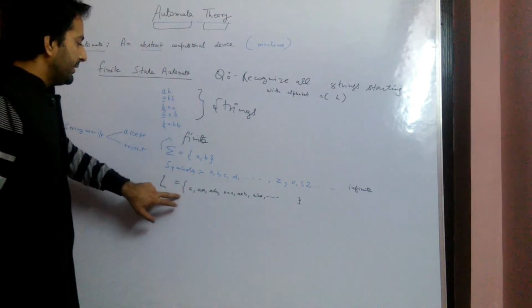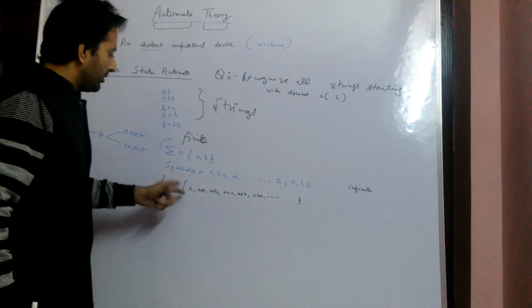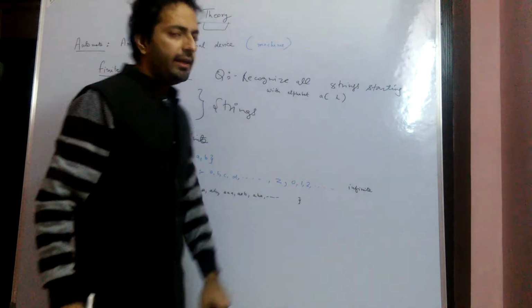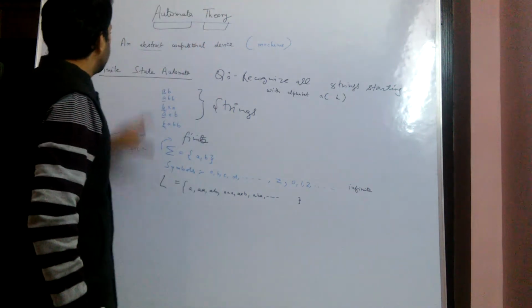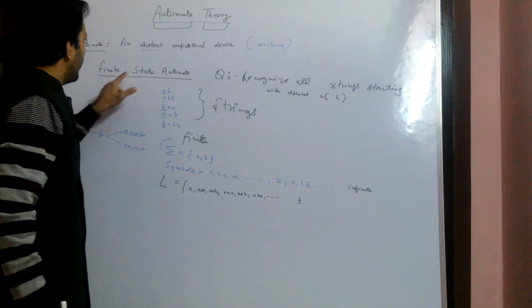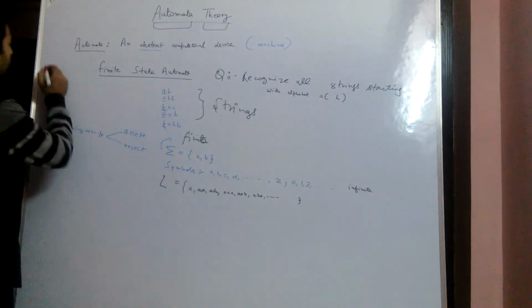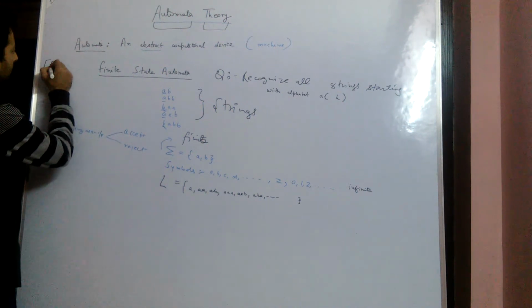You know that there can be an infinite number of strings, but we are going to accept only those strings which start with the alphabet A. For this type of problem, we have a simple machine known as a finite state automata, in short FSA. FSA is a finite state automata.